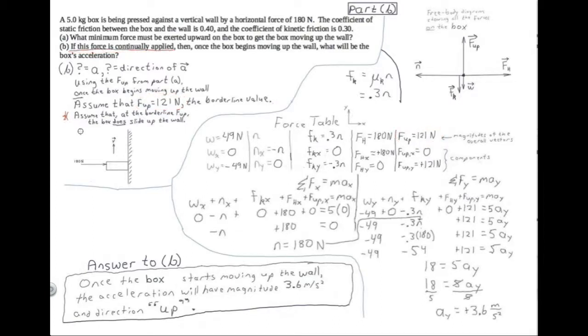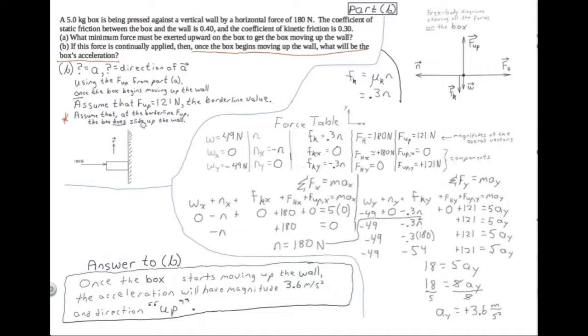At the borderline, we can assume either that the box does or does not slide, whichever is convenient for this part of the problem. Part B is asking for the box's acceleration once the box begins moving up the wall, and the only way to figure out the box's acceleration once it's actually moving is to assume that the box is sliding and moving up the wall.